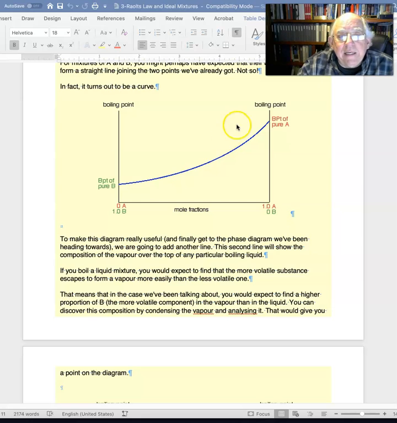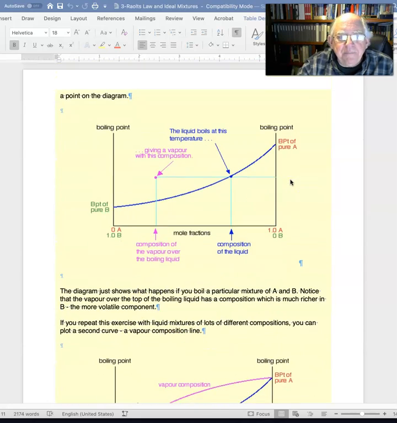Well, the condition of the vapor right above that surface at that temperature is going to be heavily consisting of the more volatile component, B, and less of the less volatile component, A. And so we can then translate that.